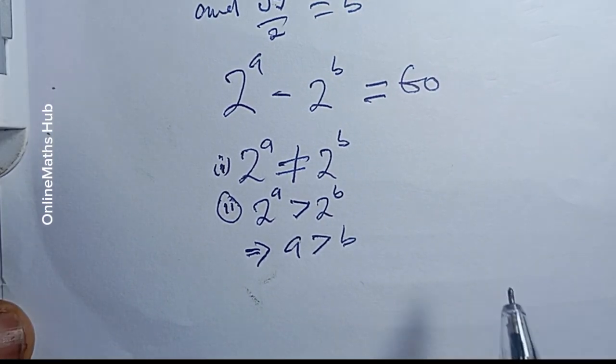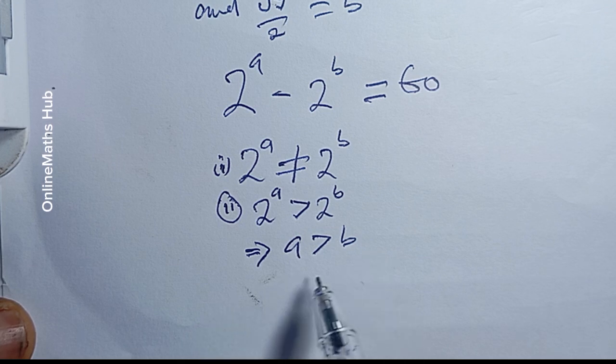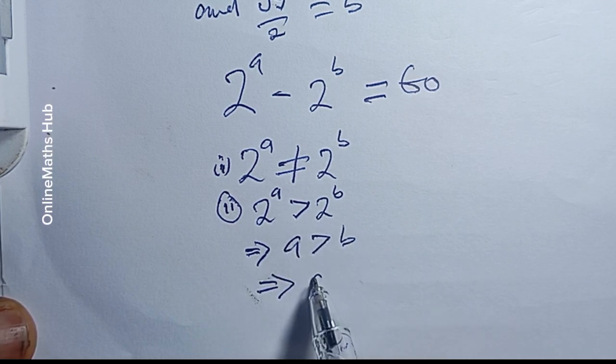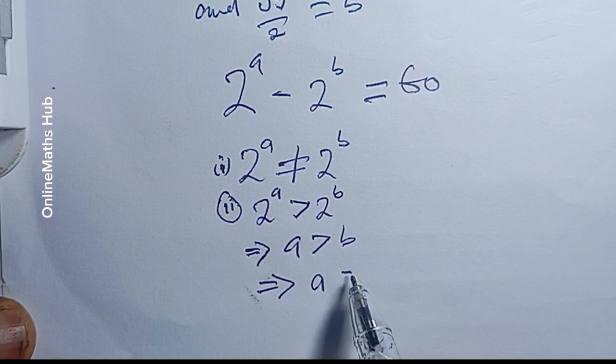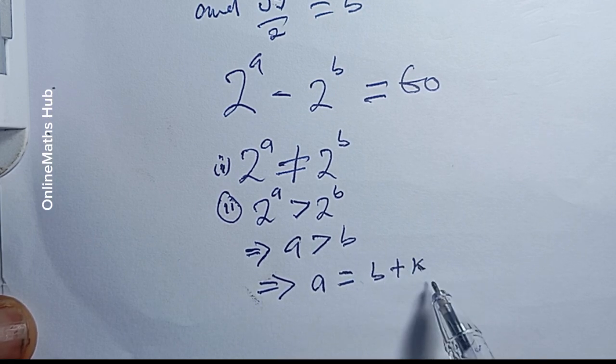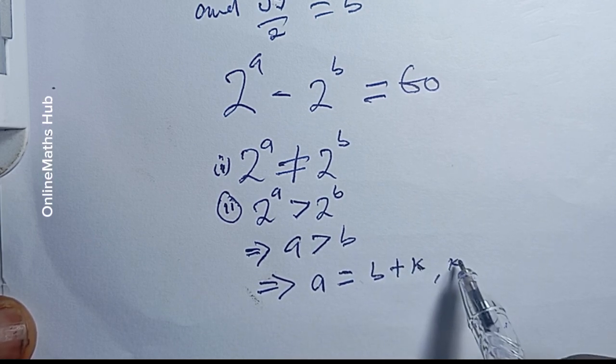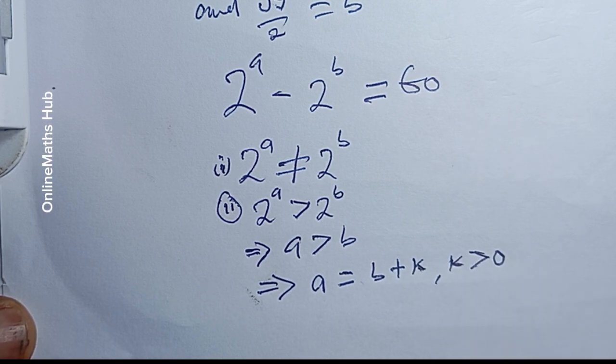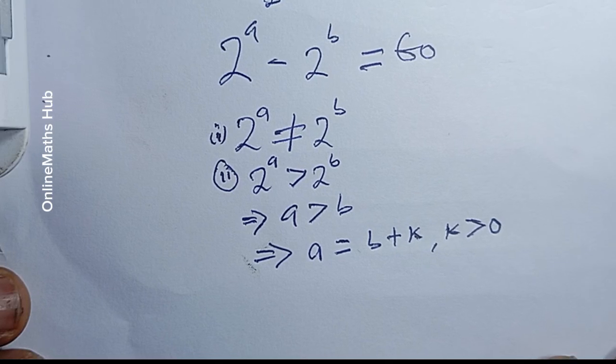And if a is strictly greater than b, this also implies that we can write a as b plus some k, where k is strictly greater than 0.